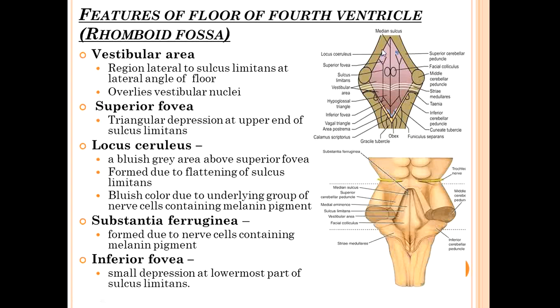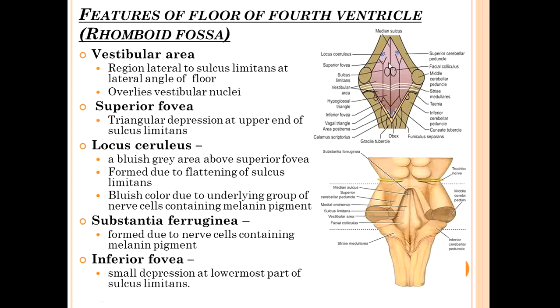Then the locus coeruleus. It is a bluish gray area above the superior fovea. It is formed due to flattening of the sulcus limitans, and its bluish color is due to an underlying group of nerve cells which contain melanin pigment. Then what is the substantia ferruginea? This is formed by the nerve cells containing the melanin pigment.